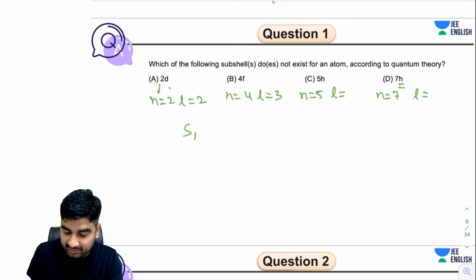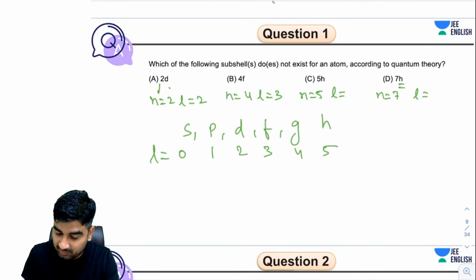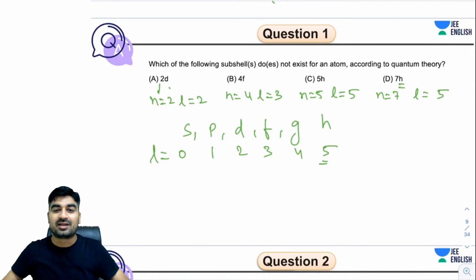So you will write S, P, D, F, G, H, and l will be 0, 1, 2, 3, 4, 5. So for H, l will be 5. So which of the following is not possible?